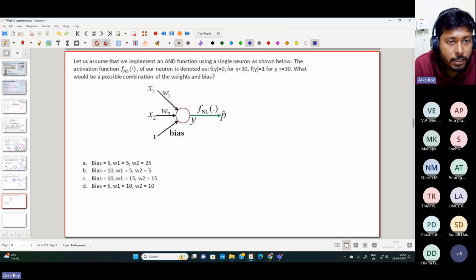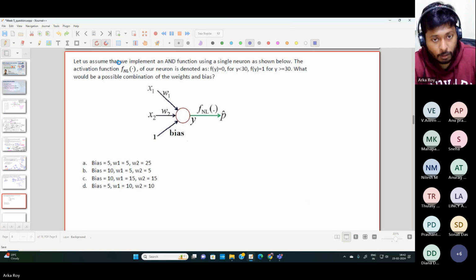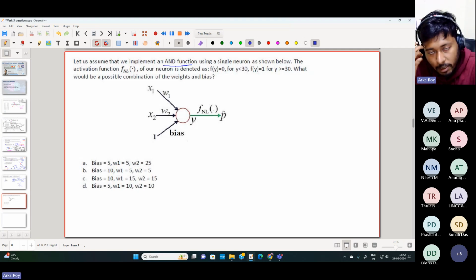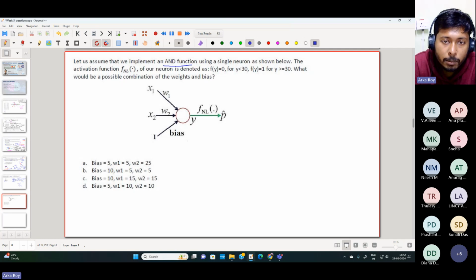So the next question states that let us assume that we implement an AND function using a single neuron. And it will be implemented using a single neuron because we have seen in the class that in the case of AND, from the truth table itself you can see that the problem is linearly separable, and any linearly separable problem can be solved using a single neuron itself.